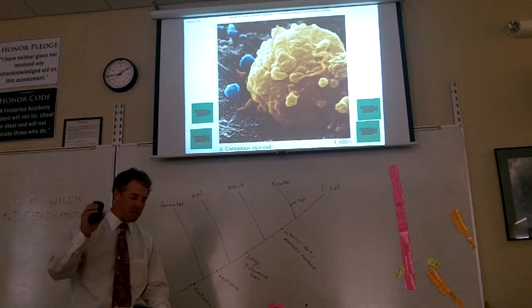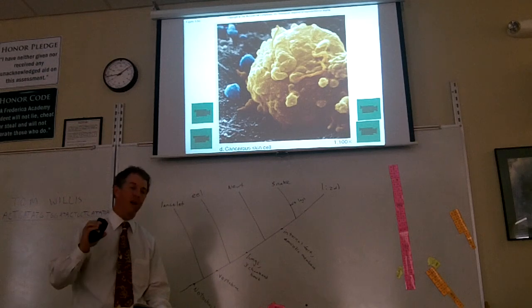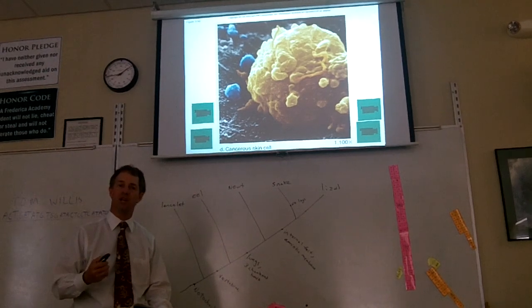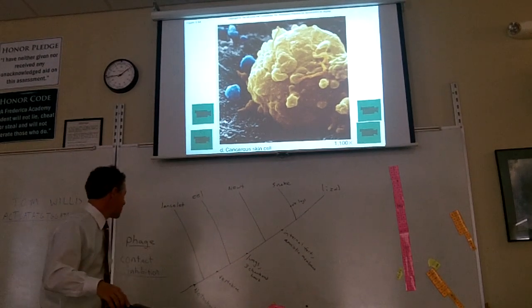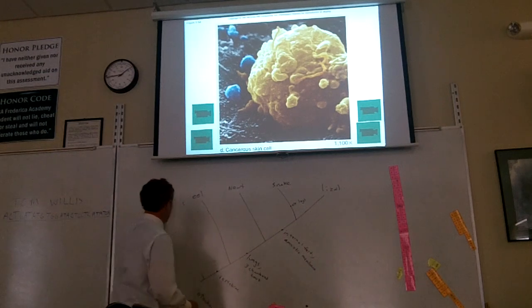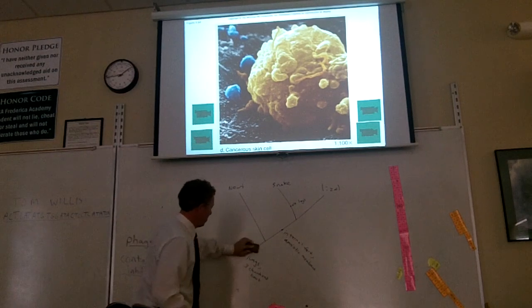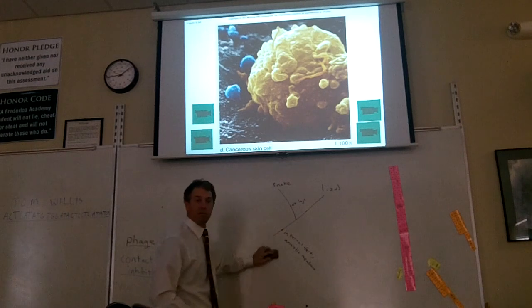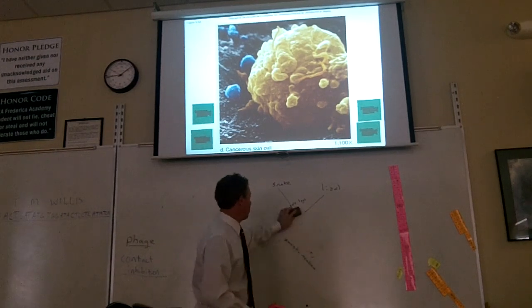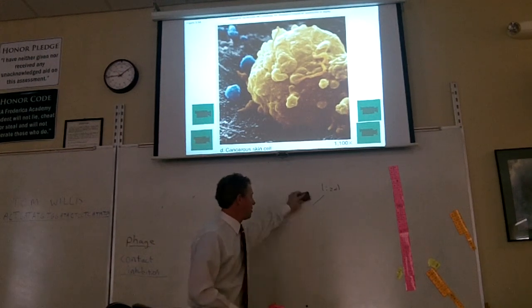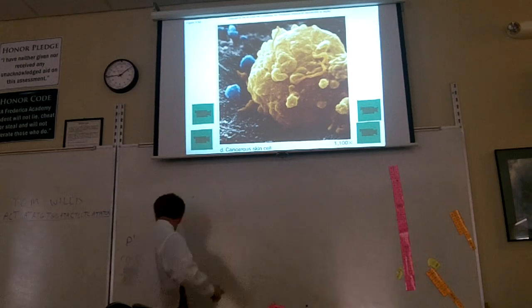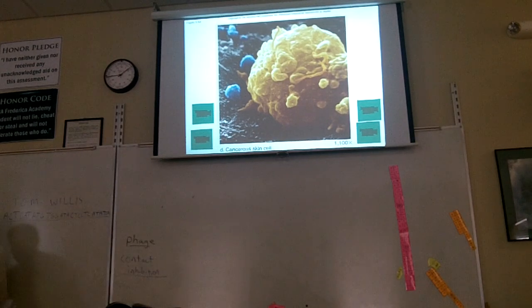The other two words page 70 wants us to know are angiogenesis. Do y'all remember what angiogenesis meant? Anyone? Bueller? Extension of the blood vessels? Yes, growth of blood vessels.